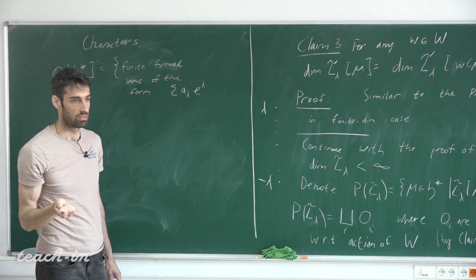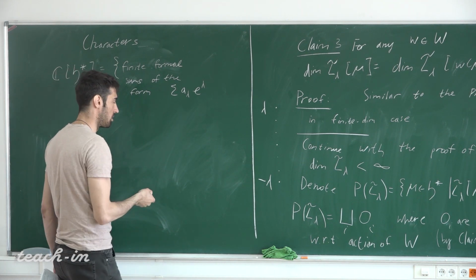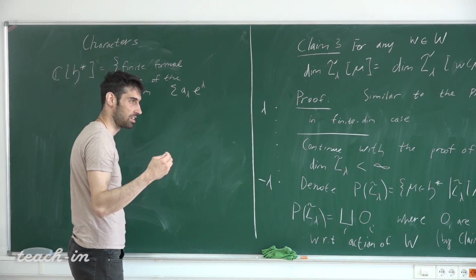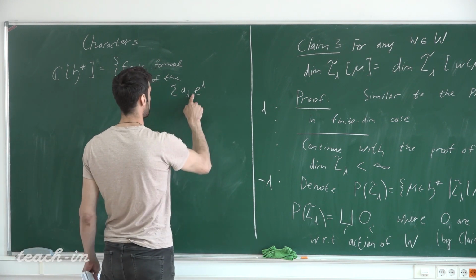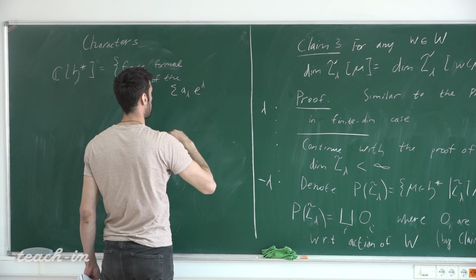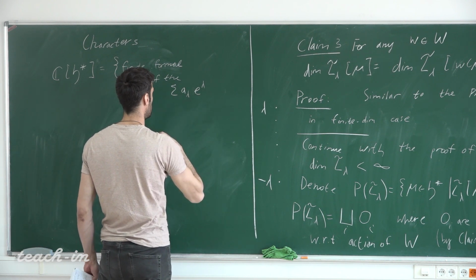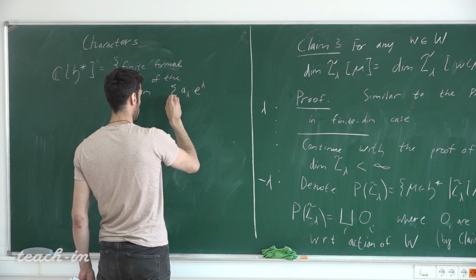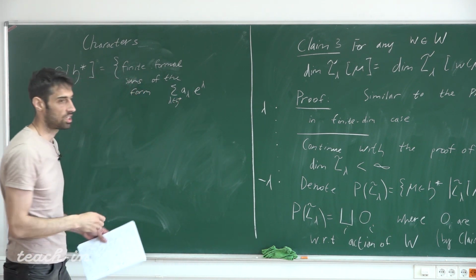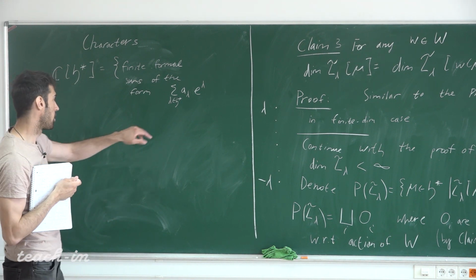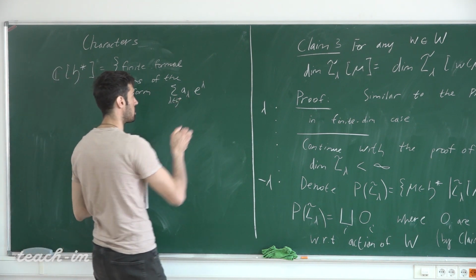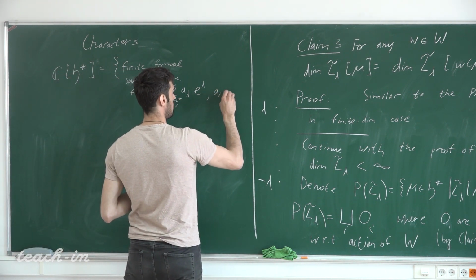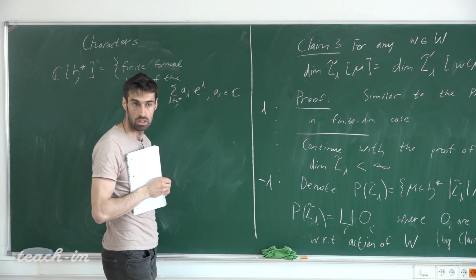You should understand this. In some settings it can be the real exponential map, but for now, for us, it's just a formal symbol. This lambda runs over h star, but I say that it is finite, so only a finite number of a_lambdas are not zero, and the a_lambdas are just complex numbers.